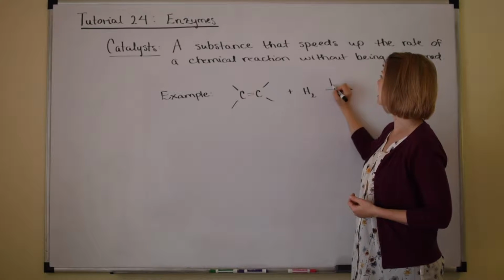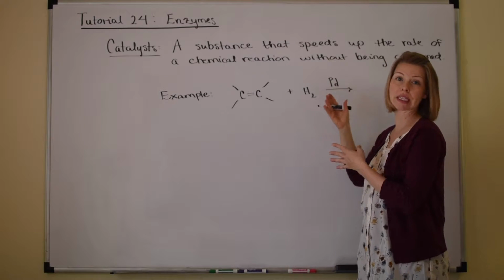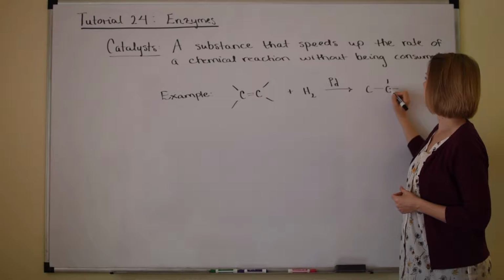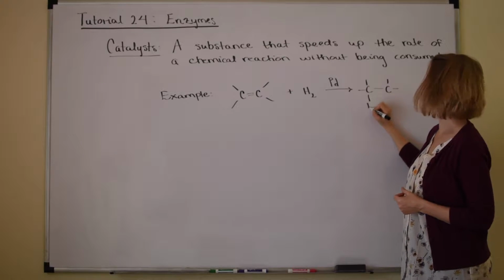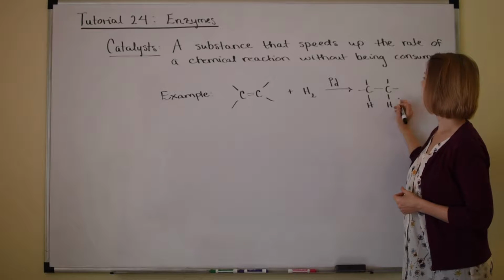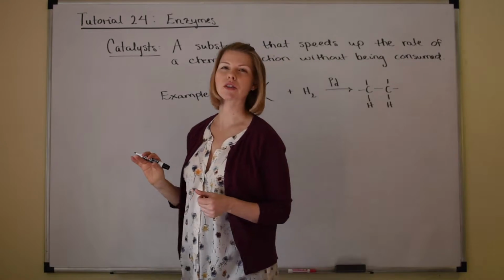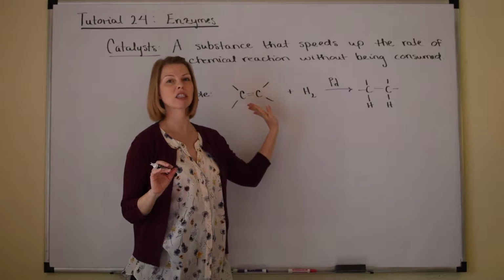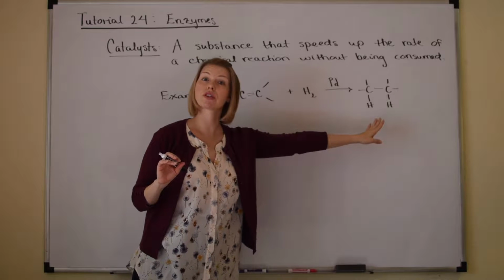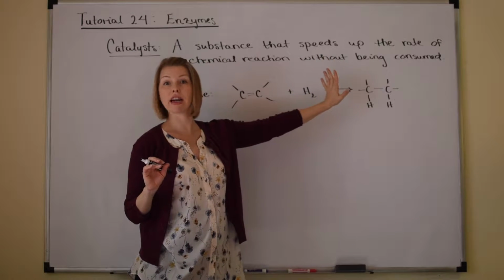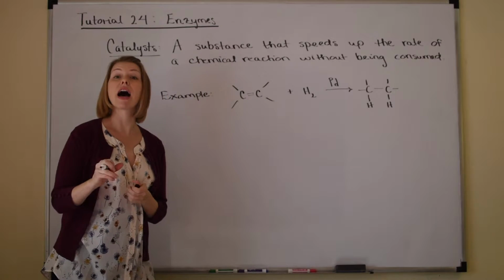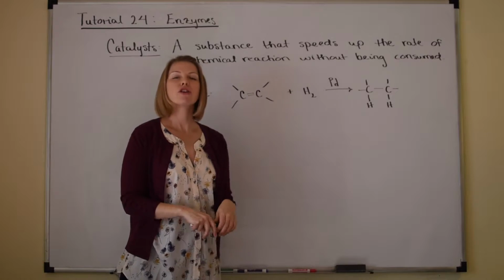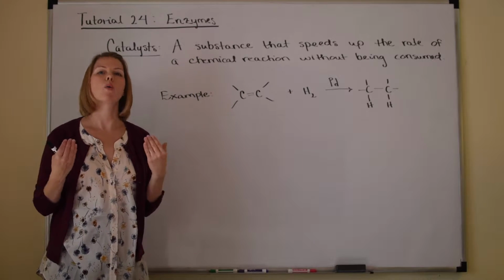The catalyst, I'll use palladium, will be written on the arrow, and then our product here, when hydrogen adds to each side, is an alkane. Okay, so again, the catalyst is not a reactant, it's not consumed in the reaction, it's not a product, it's not produced in a reaction. So we write it on the arrow to show that it is neither a reactant nor a product, it is a catalyst.